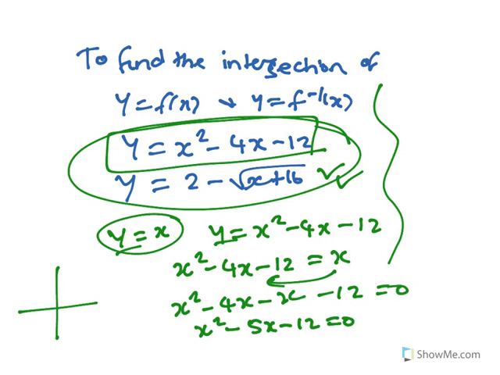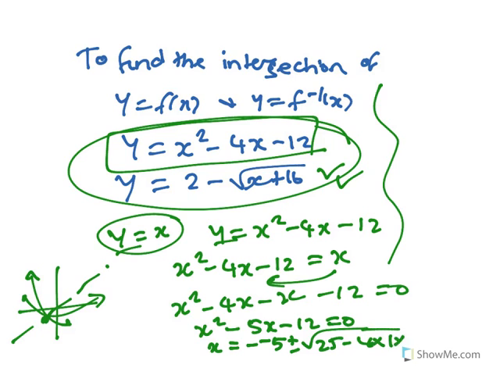So all that's left to do now, that we know that they intersect on the line y equals x, is use the quadratic formula. So it's minus minus 5 plus or minus the square root of 25 minus 4 times 1 times minus 12, over 2 times 1.